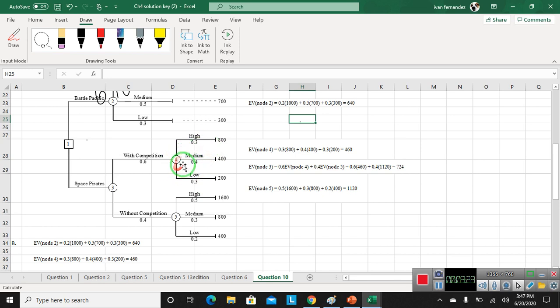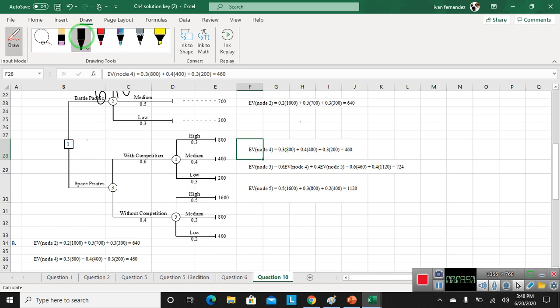To find the expected value at chance node number 4, you need to find the expected value at each of those nodes. You're going to do the same thing you did at the top. So the expected value at chance node number 4 is going to be 0.3 times 800 plus 0.4 times 400 plus 0.3 times 200 equals 460.